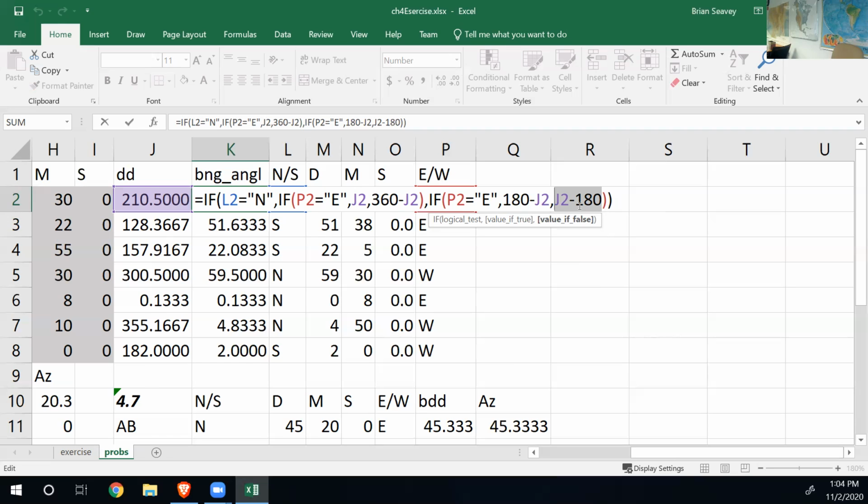Down here, the azimuth is equal to 180 minus the bearing angle. Without having to rehash why that is, if you draw it, 180 minus that angle is your azimuth. Over here, your azimuth is equal to 180 plus your bearing angle. And right here, it's 360 minus your bearing angle.